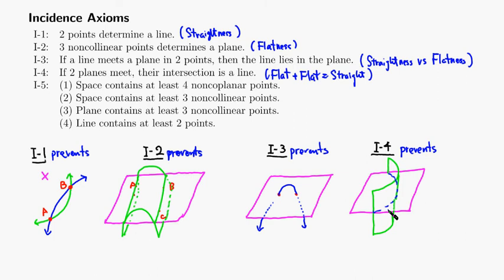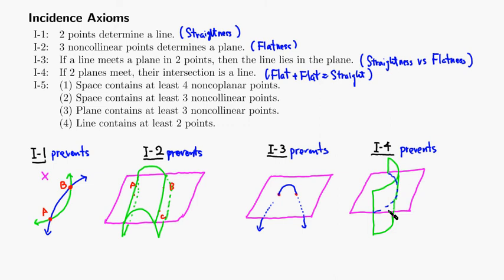All right, so I5 is like a minimum requirement. It tells you the minimum number of points you need for a certain object. It says that space has to have at least 4 non-coplanar points, because we don't want just 3 points to be a space, as we have a third dimension. If you have only 3 points, that will probably only define a 2-dimensional object. So we have to have at least 4 points. And also space contains at least 3 non-collinear points.